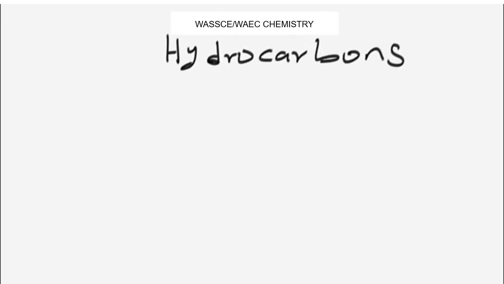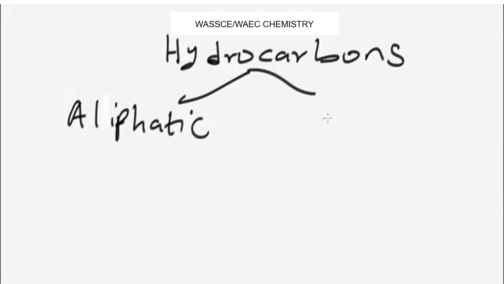We are looking at hydrocarbons. Note that a hydrocarbon is any compound that is formed from carbon and hydrogen atoms only. So basically hydrocarbons only contain hydrogen and carbon atoms. They are the simplest organic compounds. Now note that hydrocarbons can be classified as aliphatic hydrocarbons and aromatic hydrocarbons.